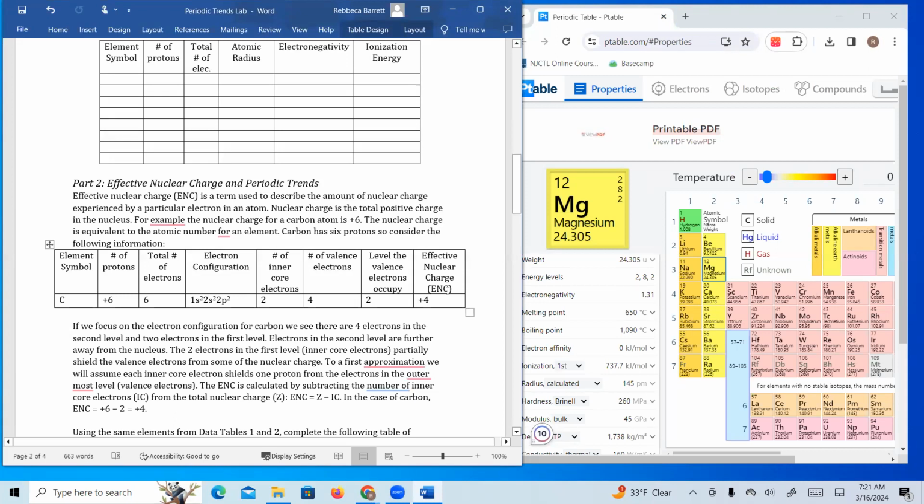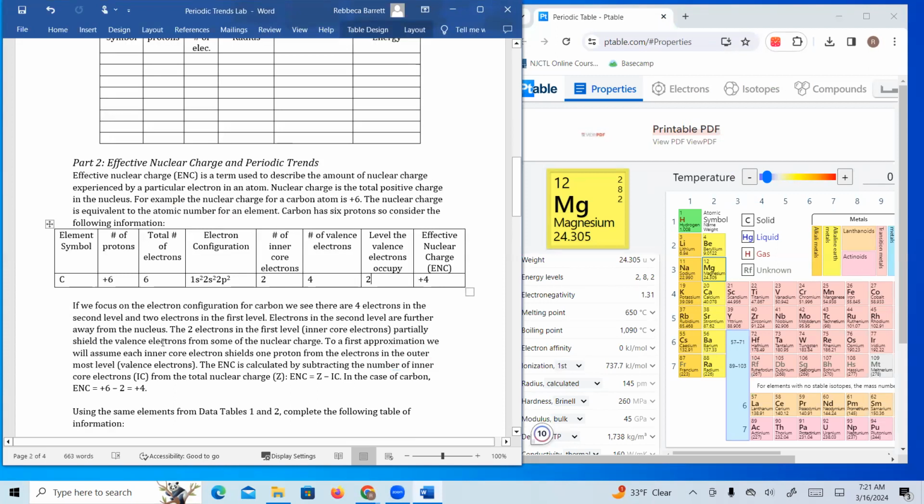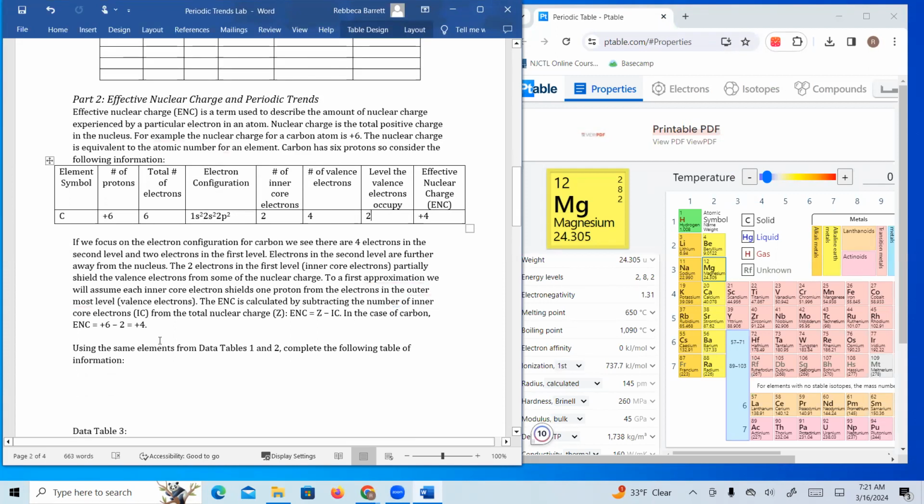So the thing we're trying to answer here is, how do we approximate this effective nuclear charge? If we focus on the electron configuration for carbon, we see there are 4 electrons in the second level and 2 in the first level. Electrons in the second level are further away from the nucleus. So the 2 electrons in the first level, these inner core electrons, partially shield those outer valence electrons from some of the nuclear charge.